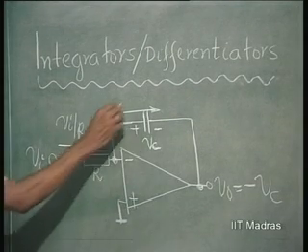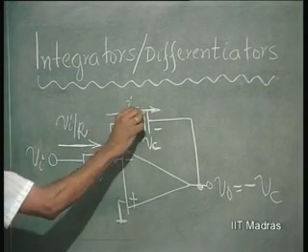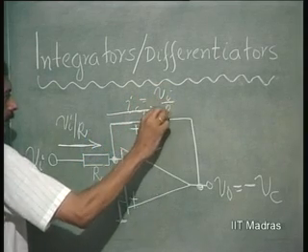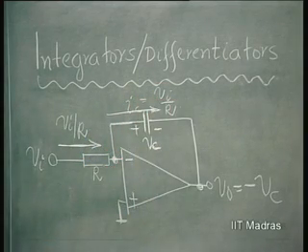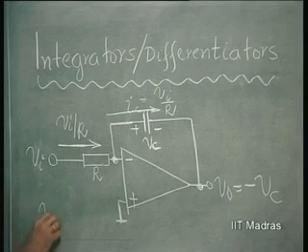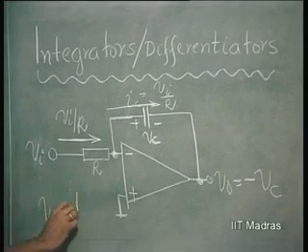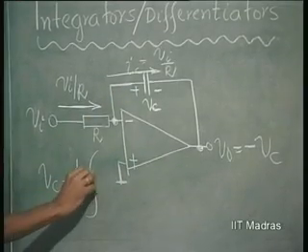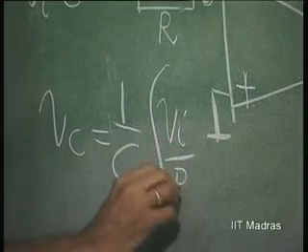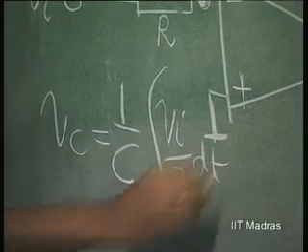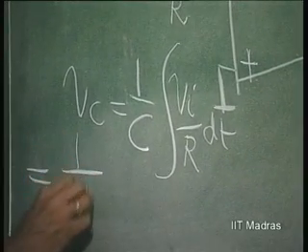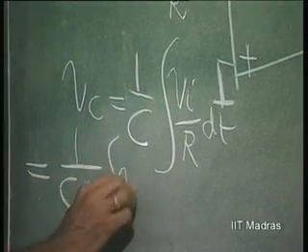So, I through the capacitor is nothing but V I by R. So, what happens to the voltage across the capacitor V c is 1 over C integral I through the capacitor, which is V I by R dt. So, this is nothing but 1 over C R integral V I dt.